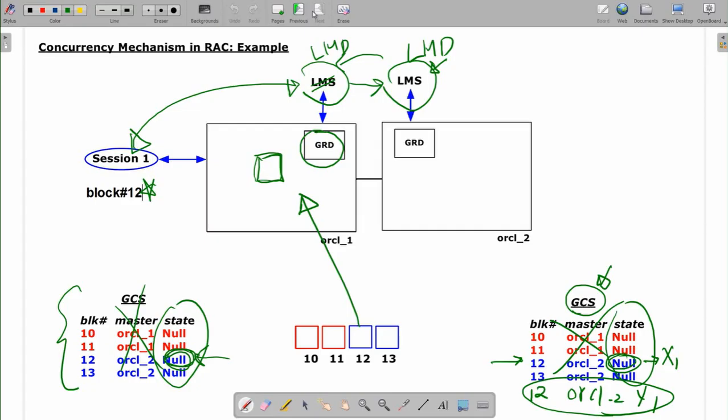So one thing we learned here is that in RAC environments, we have to keep consistent information. That way we can avoid data divergence, and we keep the RAC database integrity. And for that matter, we use global resource management, and that is very important. That's why, every time you restart, if you have an instance failure, for example, the global resource metadata is always recovered first, because that information is very important.